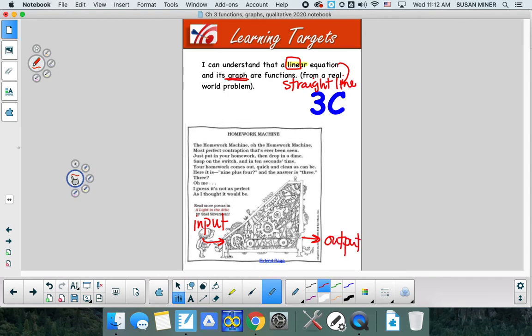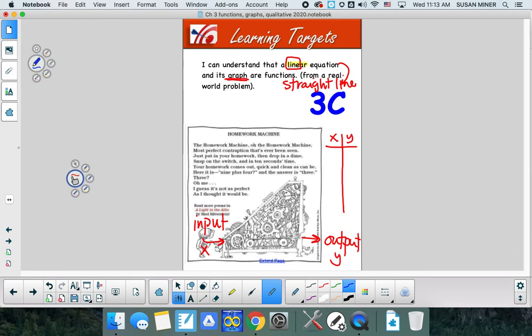Today we're going to need to collect some data from our equations, so we're going to be working with some inputs and some outputs. Remember, our input was our x variable and our output was our y variable. So let's collect some data. We use these XY tables in order to collect data. Let's collect some data on a linear equation.